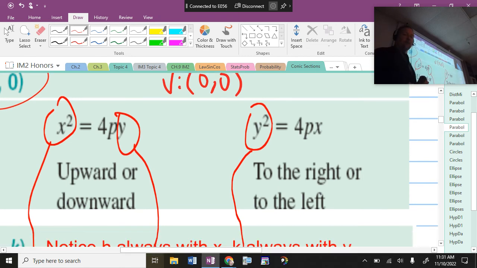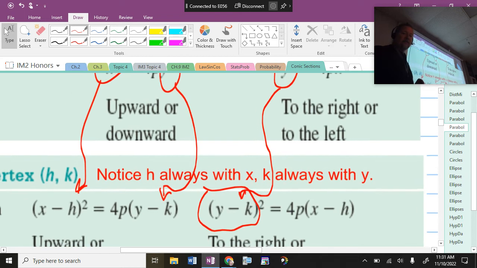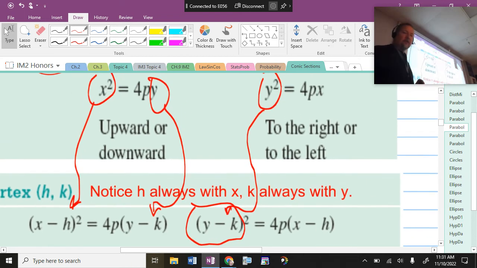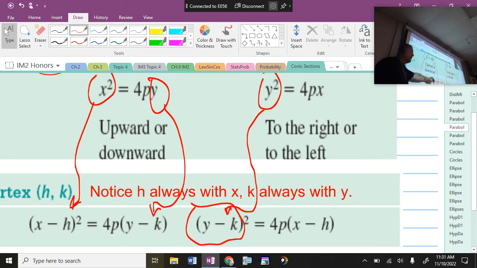So when you look at this, notice, first of all, I put that right here. Notice the h is always with the x. The k is always with the y. All we have now is not x squared, we have (x minus h) squared. h is the x coordinate of the vertex, and k is the y coordinate of the vertex.